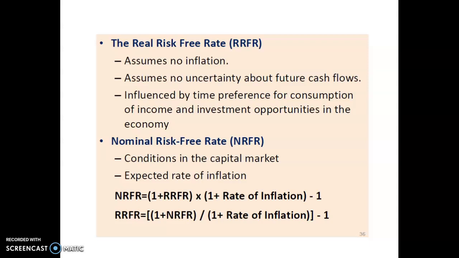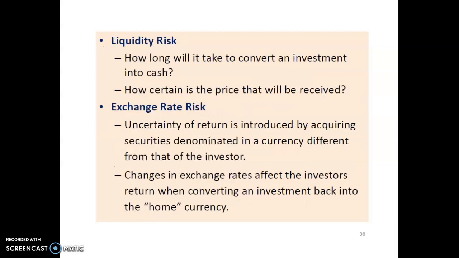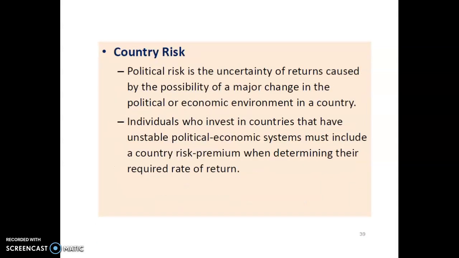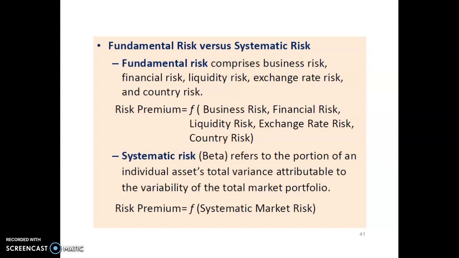The risk-free rate is the rate that doesn't have any market interference, so no inflation and whatsoever. And then these are the risks involved when you start to invest. You will get involved with business risk, financial risk, liquidity, exchange rate, and many more. So this is the risk premium and portfolio theory.